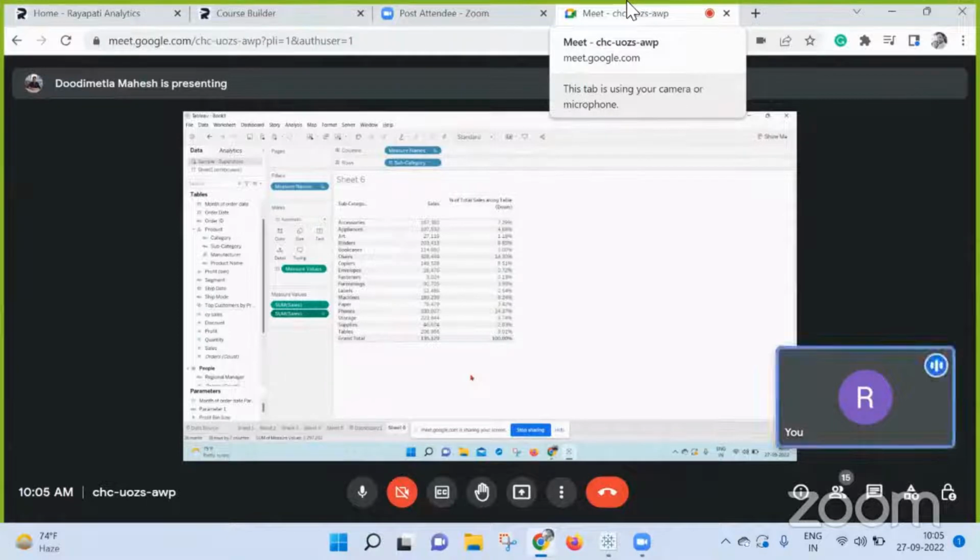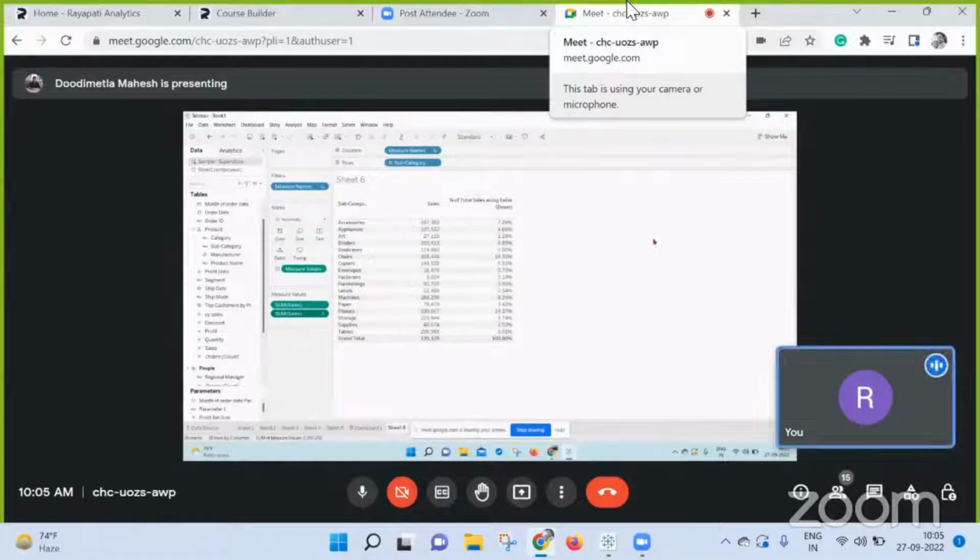What is percent of total? When I divide the total value into 100 parts, what percentage share will that individual subcategory get? So if I divide my total sales, let it be sum of sales, average of sales, or max of sales, I'm not bothered.